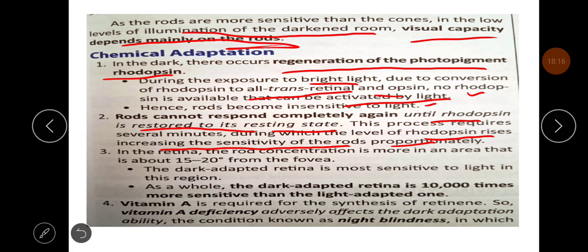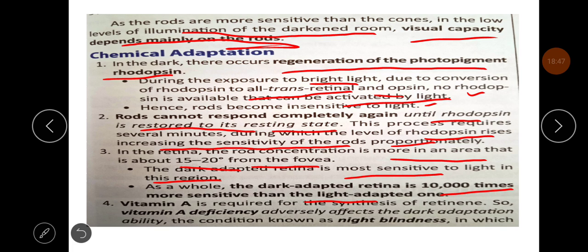proportionately. In the retina, the rod concentration is more in the area that is about 15 to 20 degrees from the fovea. The dark adapted retina is most sensitive to light in this region. As a whole, the dark adapted retina is around 10,000 times more sensitive than the light adapted one.